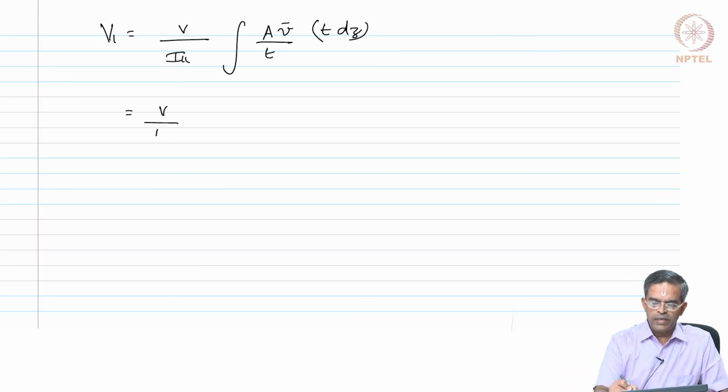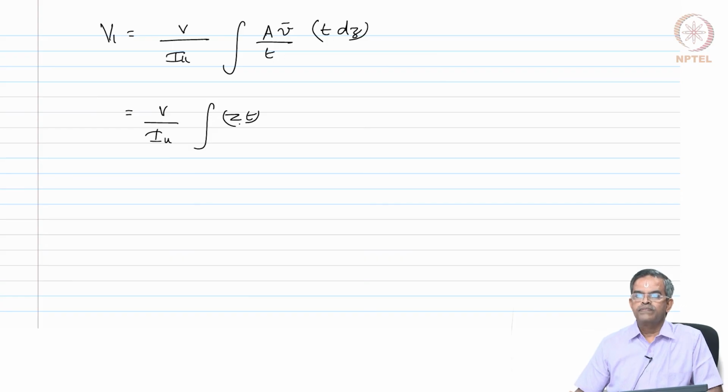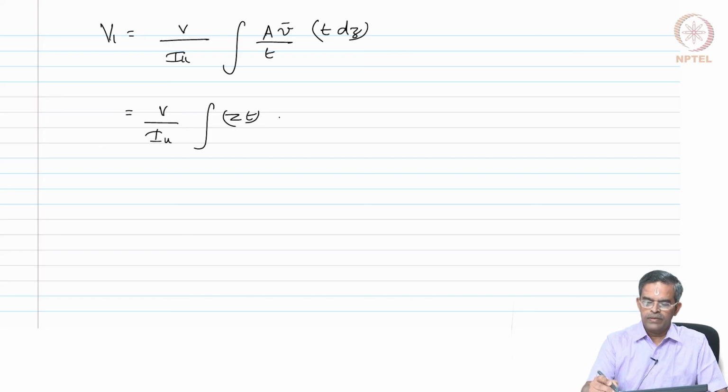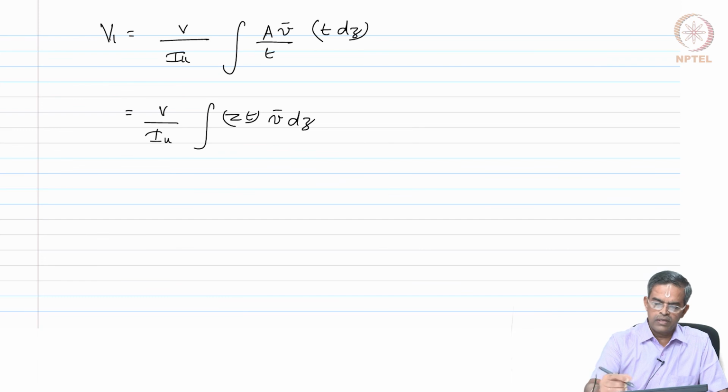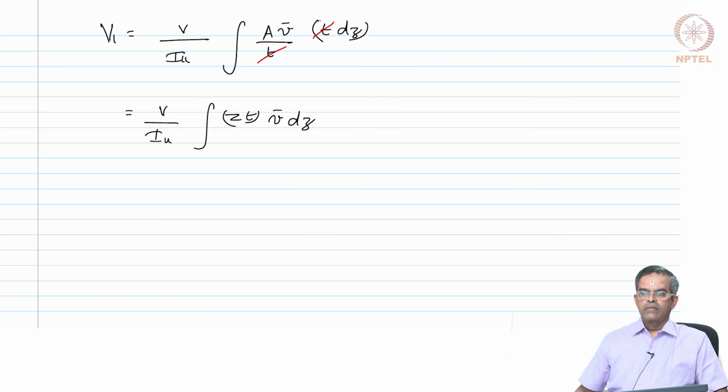which will be V by Iu integral zt into V bar by t into V bar dz, because this t goes away, right. Okay. So, now I want to find this V bar.